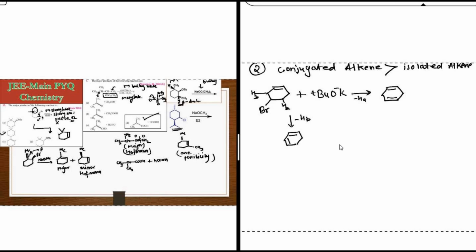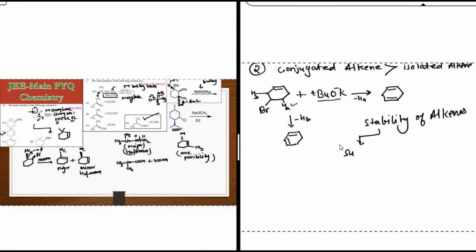Now if you look at this compound, for this base, the steric hindrance is the same at both positions, and therefore it can abstract hydrogen A or hydrogen B as well. So there is no discussion about steric crowding in this case. But now we have to understand the stability of the alkene. So which alkene will be more stable? Two types of alkenes are more stable.